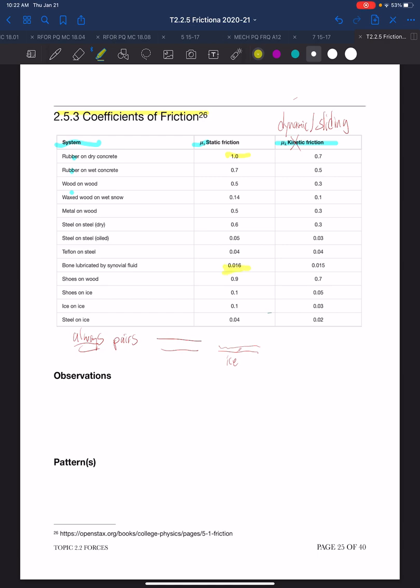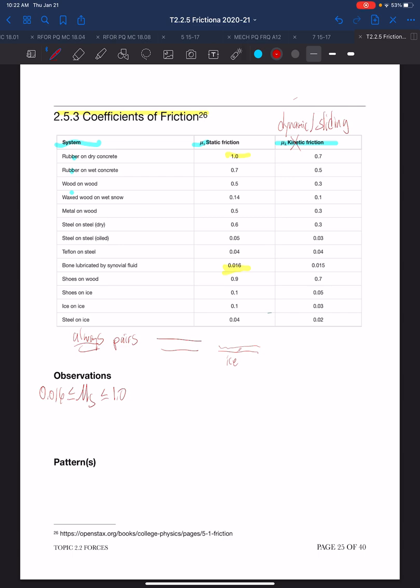And so our observation is that mu s ranges between 0.016, which is less than or equal to mu static, which is less than or equal to 1. Now we're not saying that there may not be some that are higher, but at least in this table, those are the range of values we have. And we notice that when it's wet, we tend to have lower friction.